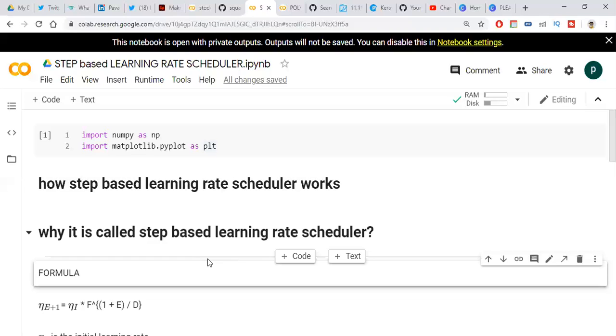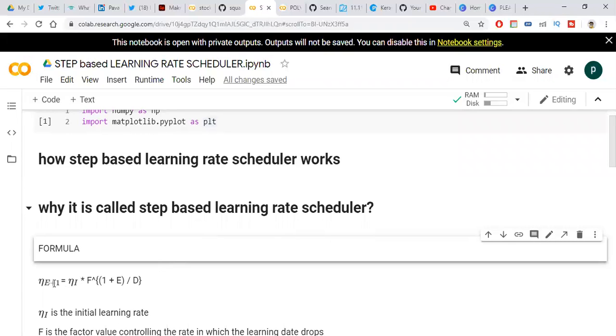This is the formula for a step-based learning rate scheduler. Eta e plus 1. I am denoting the learning rate with eta. Eta e plus 1 is the next or future learning rate, friends. Eta i is the initial or starting learning rate. And f means factor. Because I said the learning rate will decrease after some epochs, I am giving a factor for how much it reduces after some epochs.